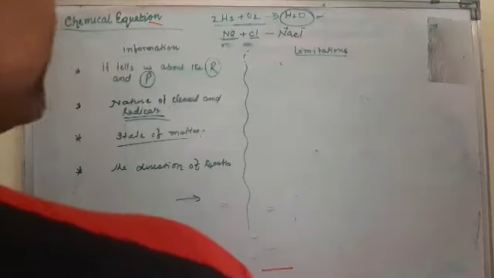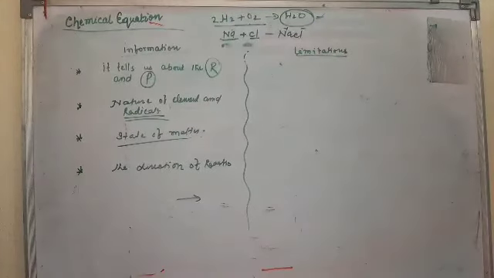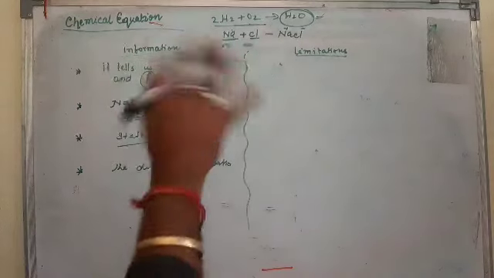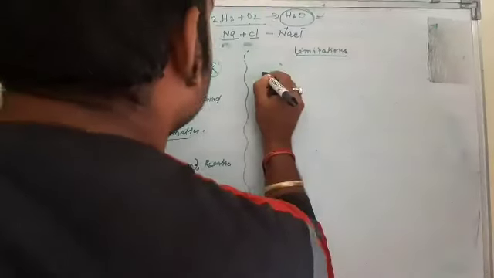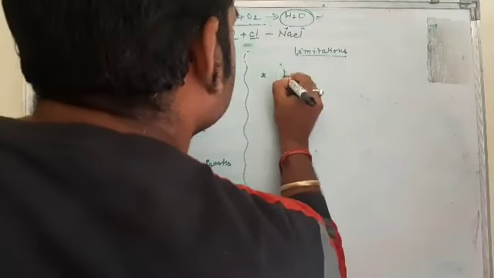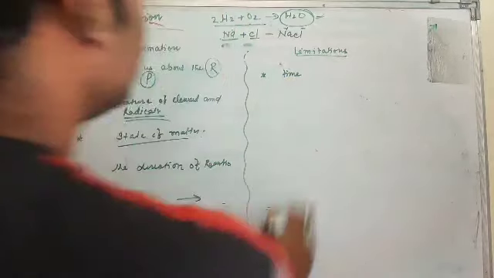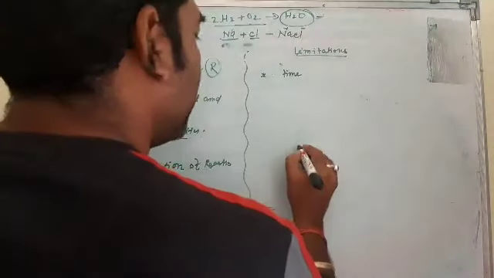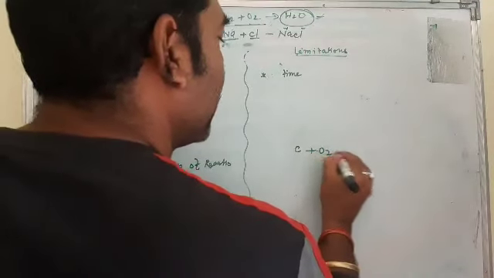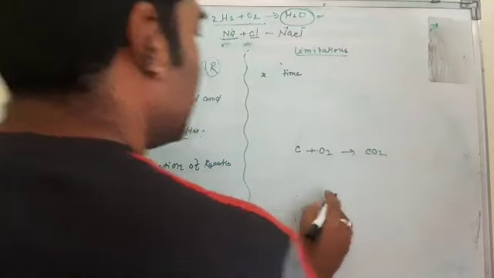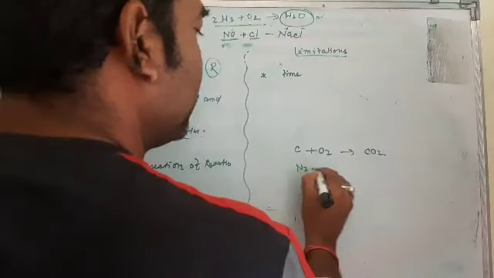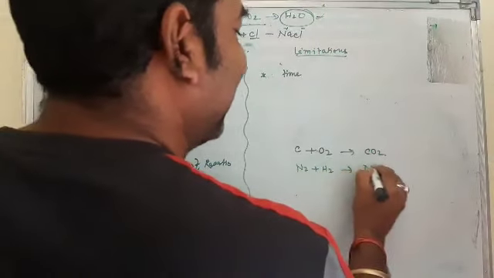And what are the limitations? We cannot get the information. That means the limitation, the chemical equation does not tell us about the time. Suppose you take carbon and oxygen and it forms CO2, or suppose you take N2 and hydrogen, it forms NH3.